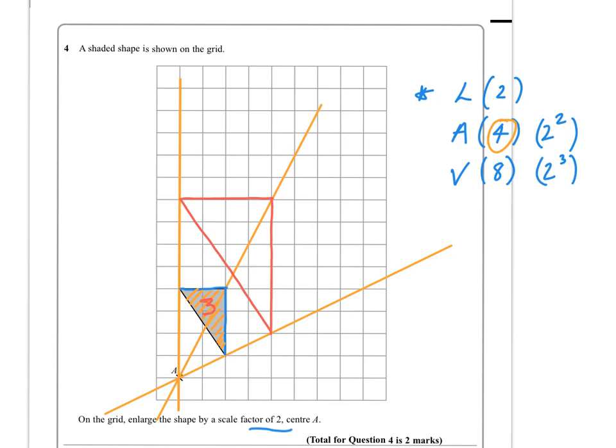And in the larger one, it's 1, 2, 3, 4 by 1, 2, 3, 4, 5, 6. That's 24. Halved is 12 units squared. So hopefully you can see that to get from 3 to 12, the area scale factor has gone up by not just 2, but 2 squared. So that's just worth mentioning.